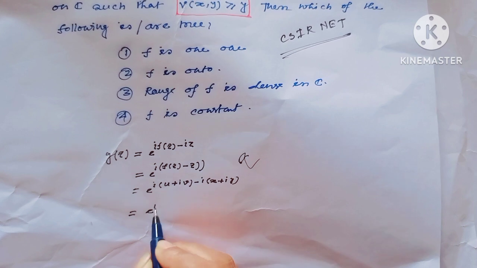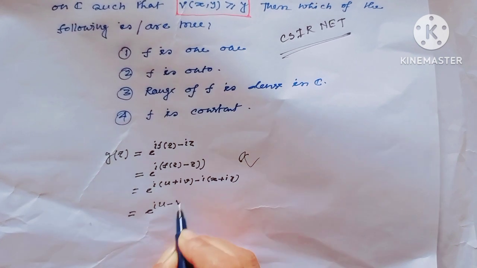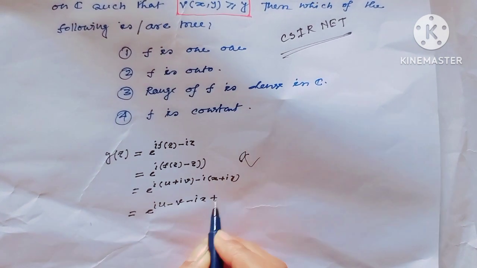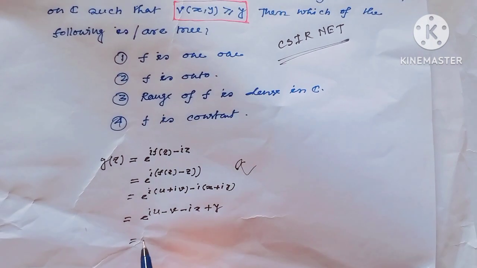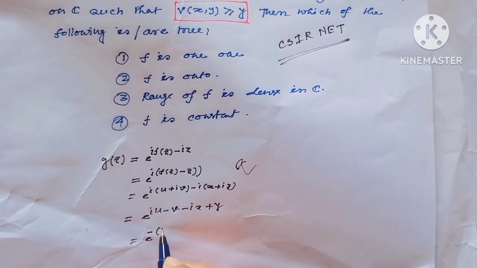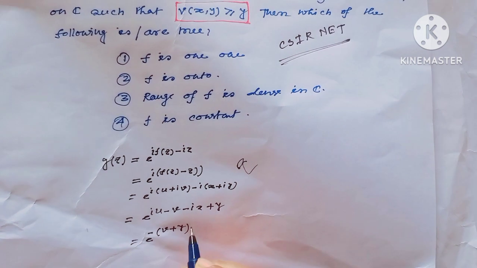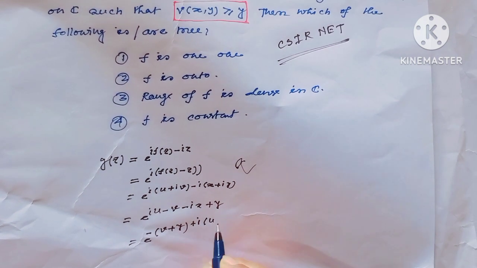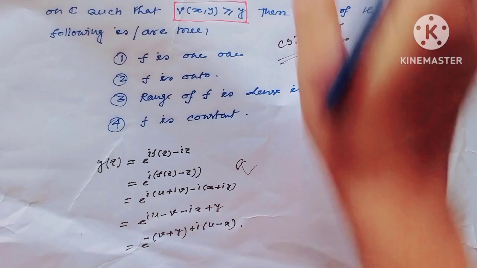This is equal to e to the power iu minus v minus ix plus y. That means this is equal to e to the power minus (v minus y) plus i times (u minus x).